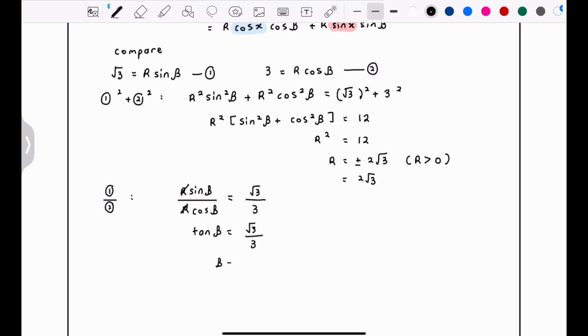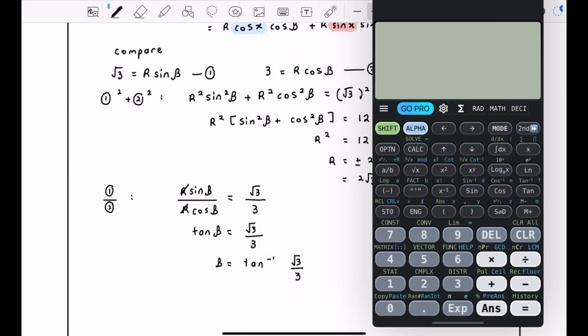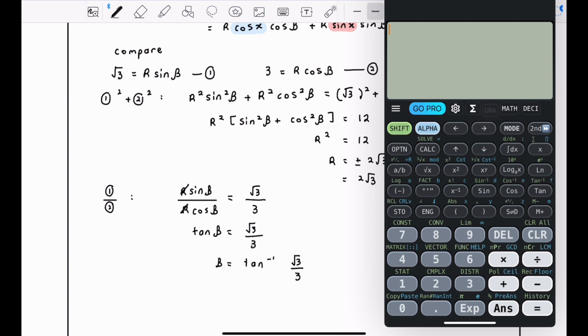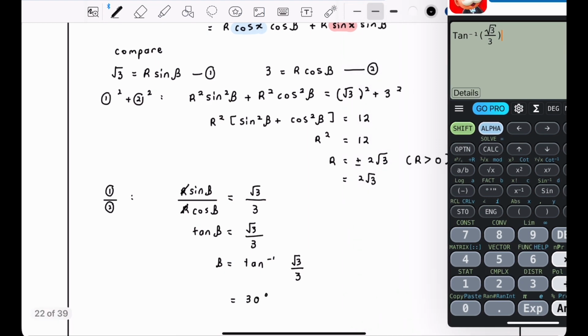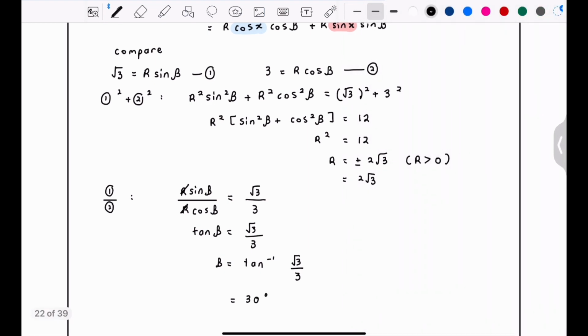So beta equal to shift tan √3 over 3. We're going to change our calculator to degree mode. So shift tan √3 over 3, and the answer is 30. So that is our beta.